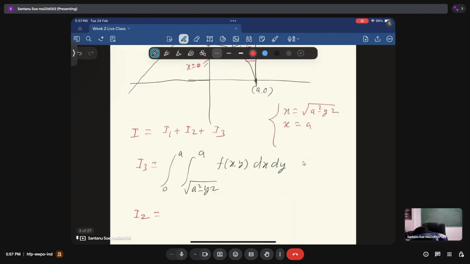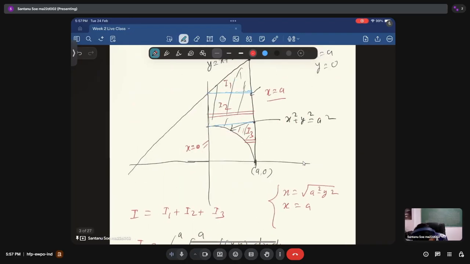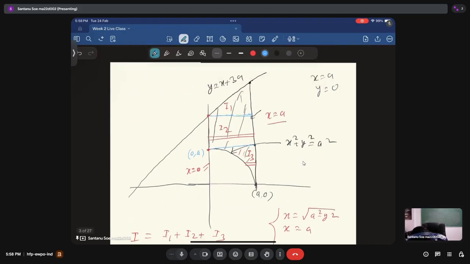So x is varying from 0 to a. Now what about y? Now y is varying from here to here, correct? So here y is 0 comma a, and here y should be what?